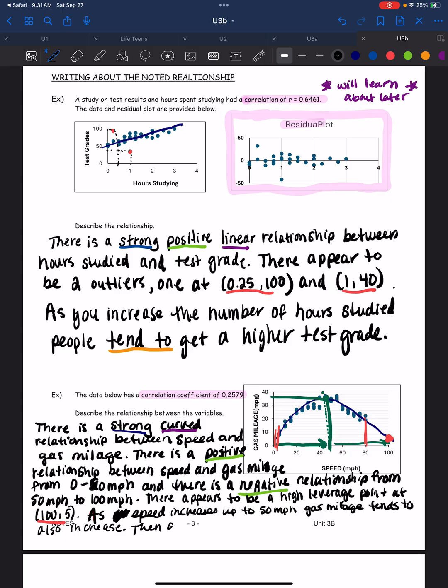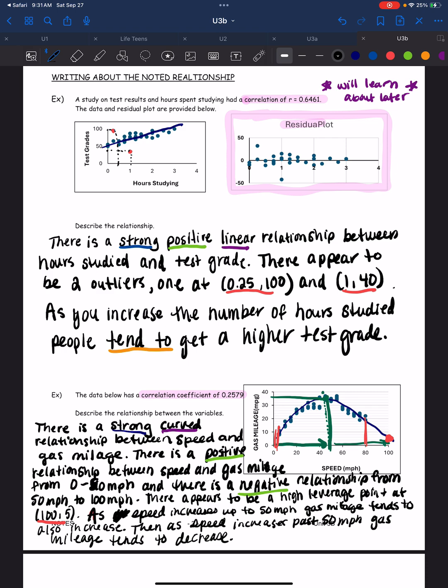Then as speed increases past 50 miles per hour, gas mileage tends to decrease.